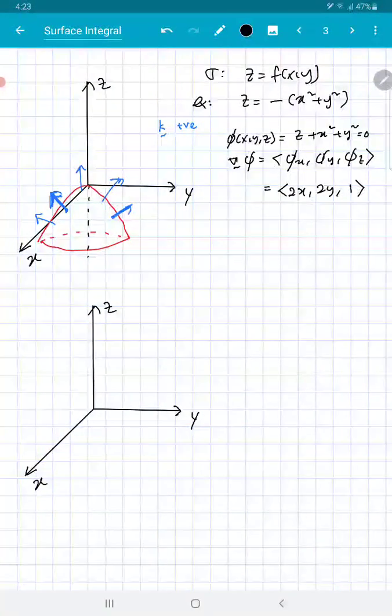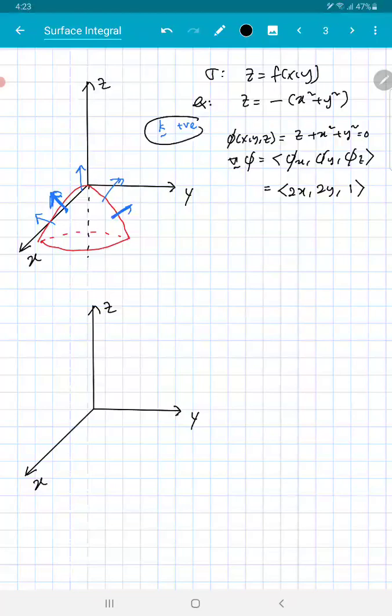What we want is for our k to be positive, because it's facing the positive z-axis, and it is already positive. Hence, this is our normal vector: n equals 2x i, 2y j plus 1 k. So this is one example.